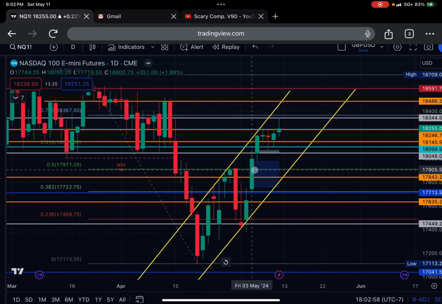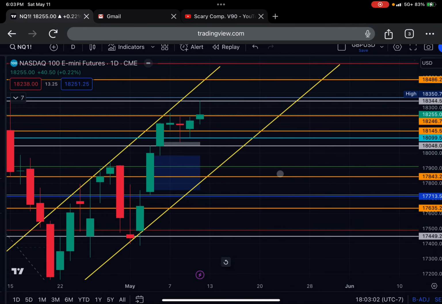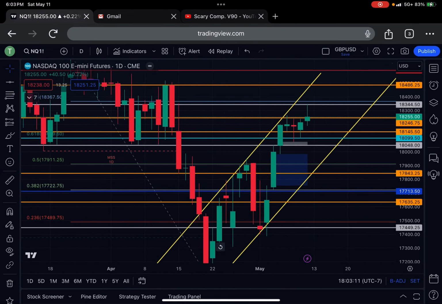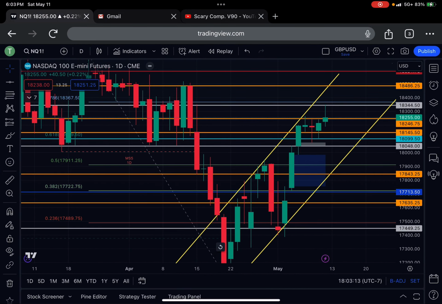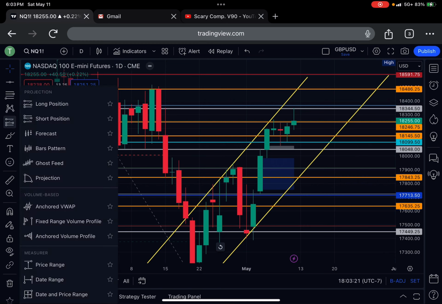And then also, we have a huge area. This is also a big, huge key right here on the daily. Sorry, it gets confusing sometimes. And I also see a fair value gap right there, which I'll draw out for you guys.